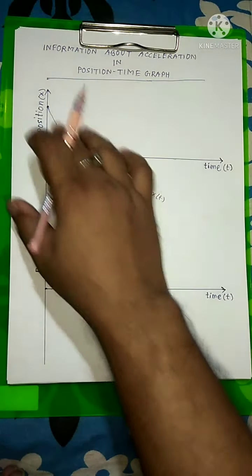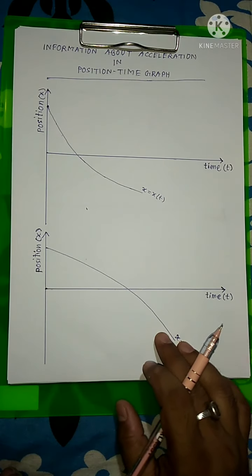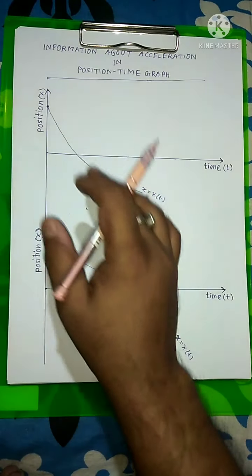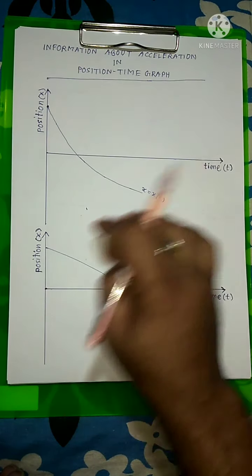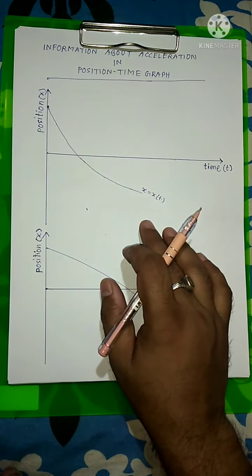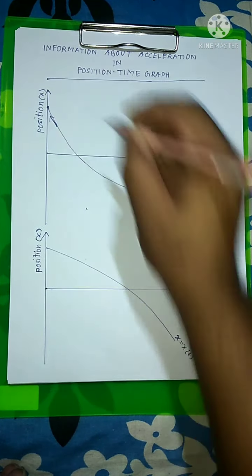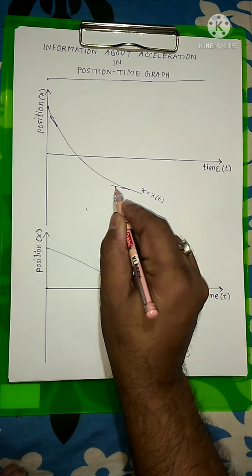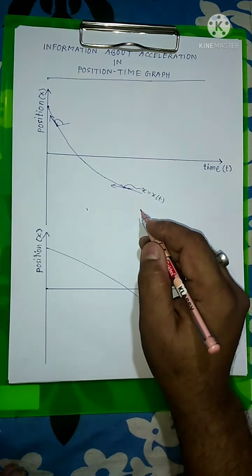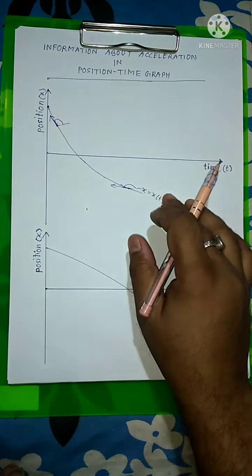We get two more curves here. Both of these curves are directed downward, and it means that the velocity according to this curve and this curve is negative. Here we see that the slope of the tangent increases as the time advances. Hence, the velocity increases in the positive direction.